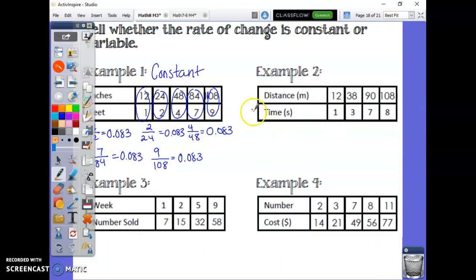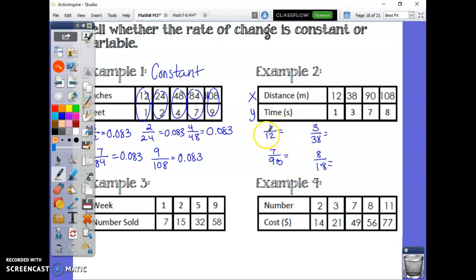Again, you're going to take your y values. My bottom one is always y and the top one is always x. So you're always going to take your y's and divide them by your x's. Well, 1 over 12, 3 over 38, 7 over 90, and then 8 over 108.